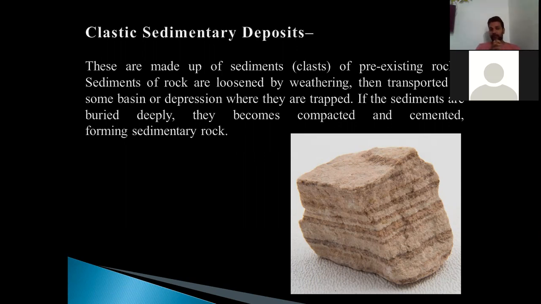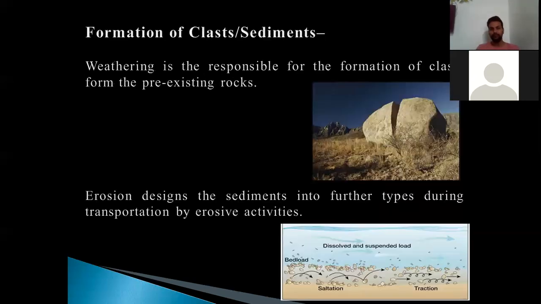So let us see how weathering affects the clastic sedimentary rock. First, the formation of clasts or sediments. The first step for the formation of the clastic sedimentary rock is the formation of the clasts or the sediments. Weathering is responsible for the formation of the clasts from the pre-existing rocks.